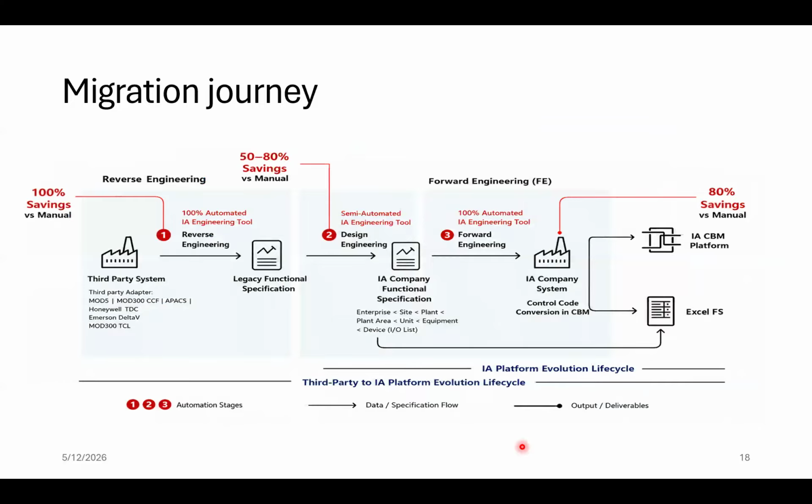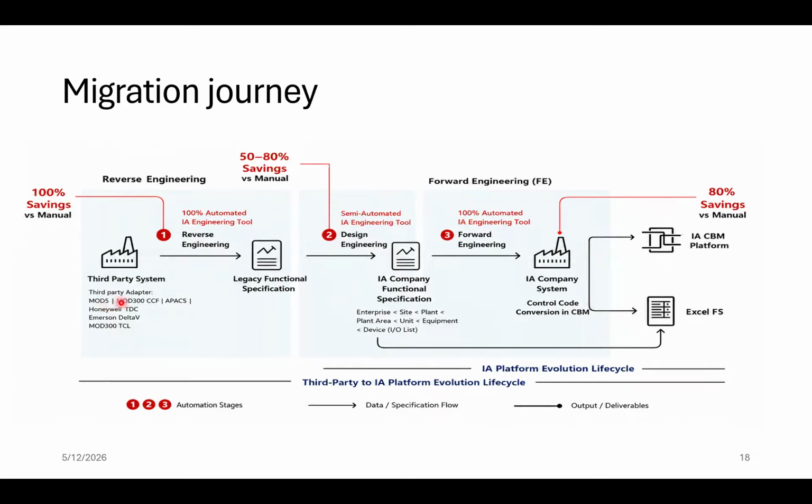So this is the slide. Through these slides, I will illustrate the complete migration journey, that is, how third-party control systems can be transitioned into the modern IEC 61131 ecosystem with significant cost and effort savings. It starts from the legacy systems, where different automation industries have their own proprietary languages.